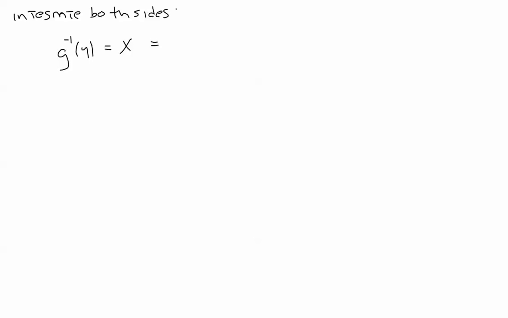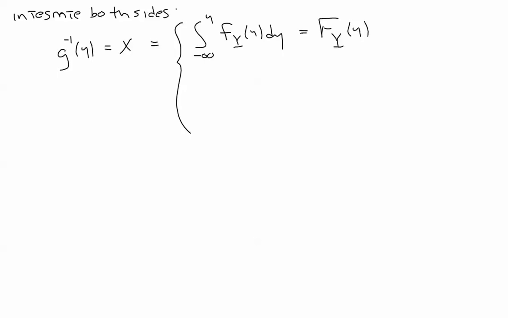Integrating both sides, I get the integral from minus infinity to y of f of y dy. And that, of course, is my cumulative distribution function for y. And the next piece would be negative the integral from minus infinity to y of f of y dy, and that would be the negative of the cumulative distribution function.